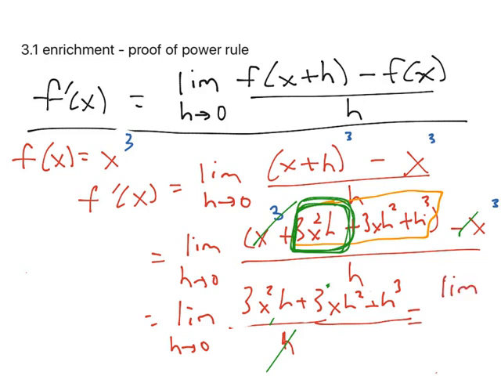So that's the limit as h goes to 0 of 3x squared plus 3xh plus h squared. Of course, all the other terms have h in them, so they go to 0.